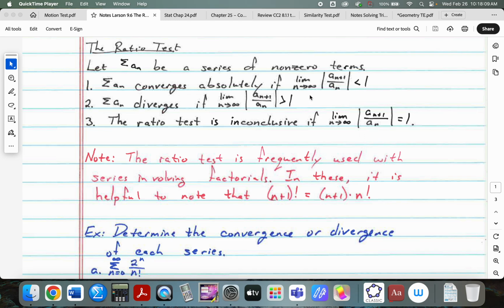So we're seeing just this ratio. So I need the terms to be getting smaller. That's why this can't be greater than 1, because if a sub n plus 1 over a sub n gets bigger than 1, that means that the terms have got to be getting bigger. Here, my terms need to be getting smaller.